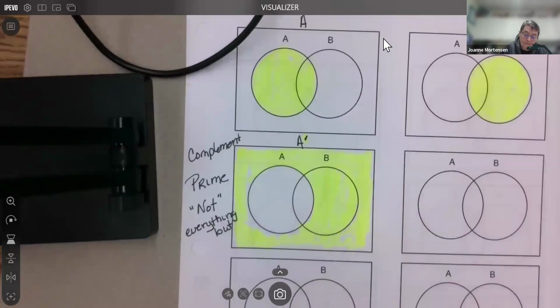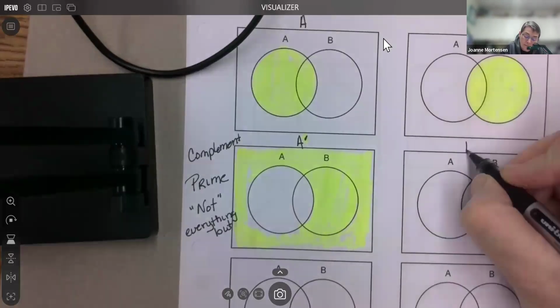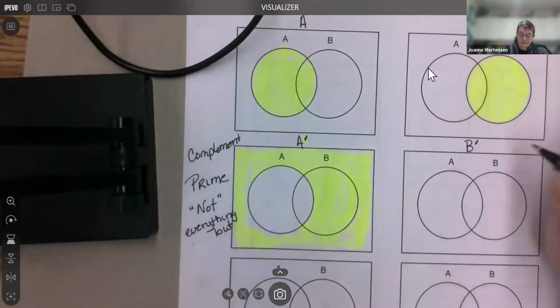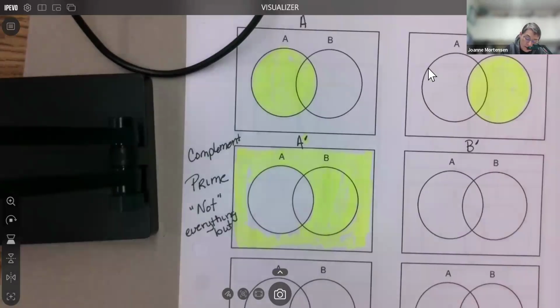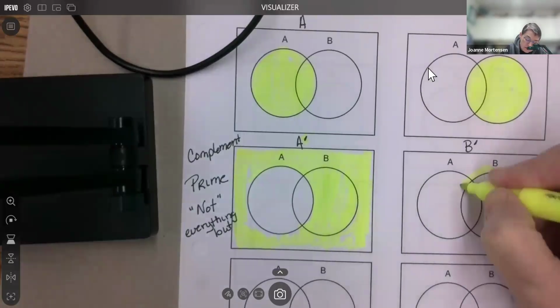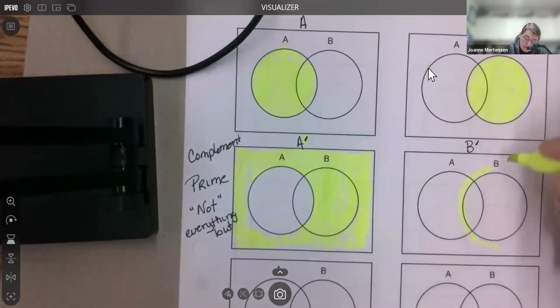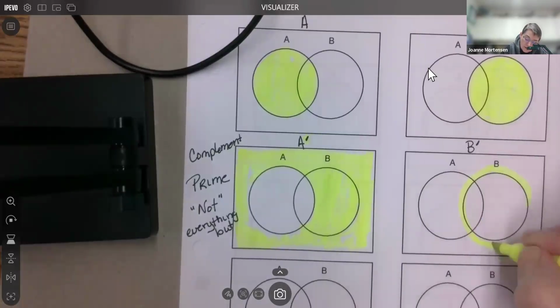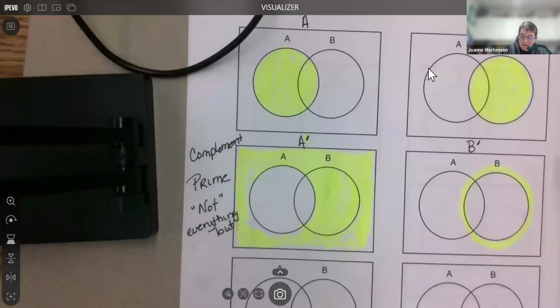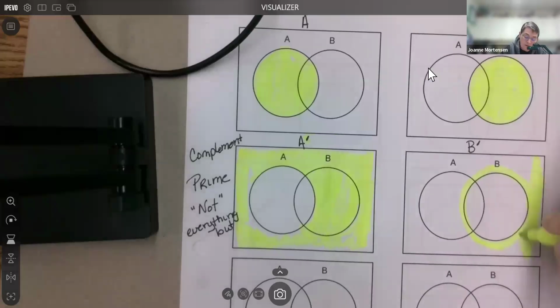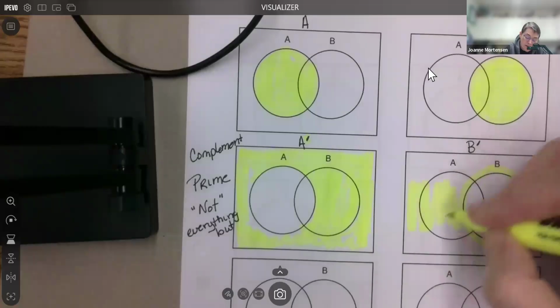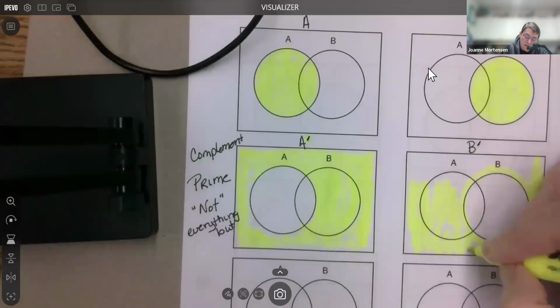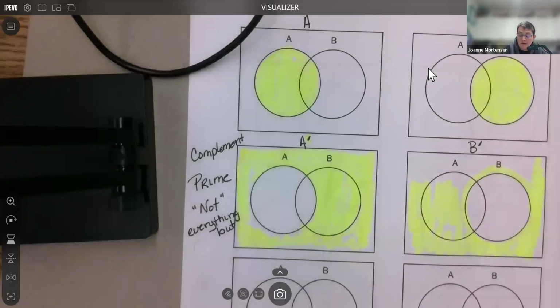Yep, you guessed it. B prime. So I'm going to color everything but B. And I think, this is my guess about what a difficulty might be, is there's just a lot of vocabulary.